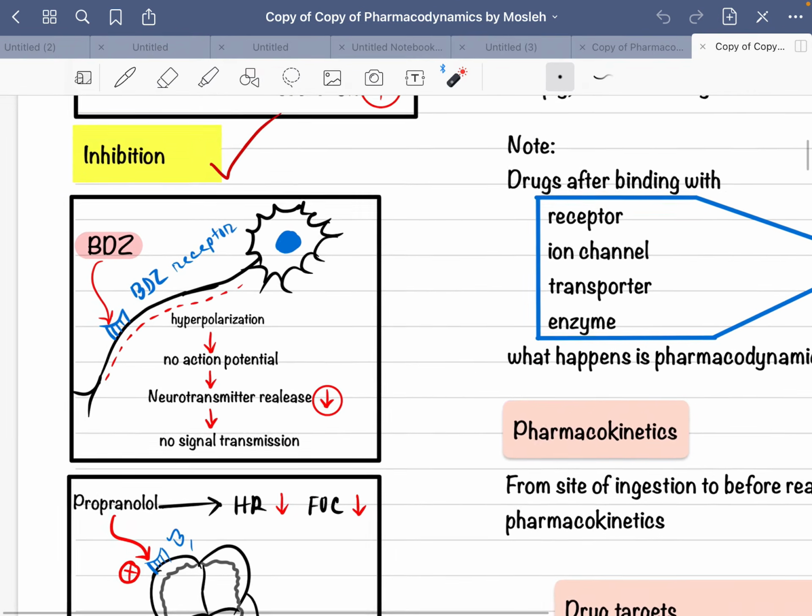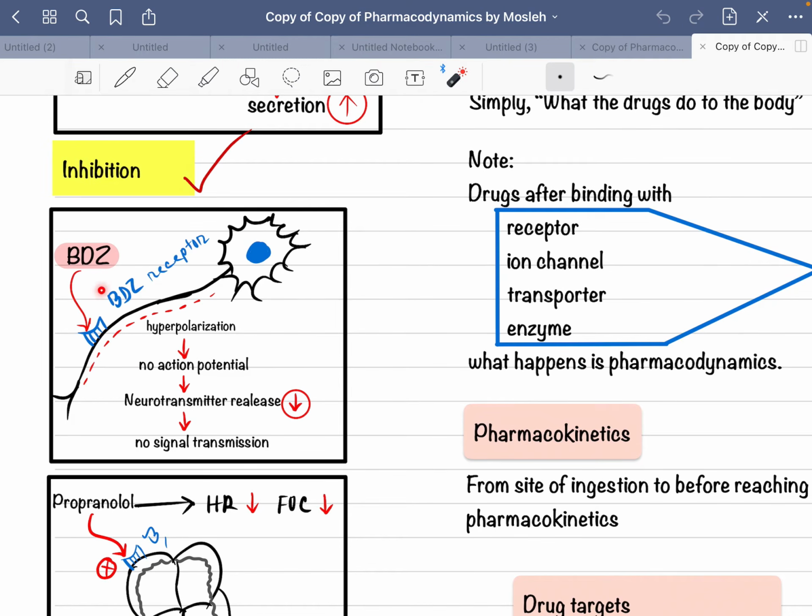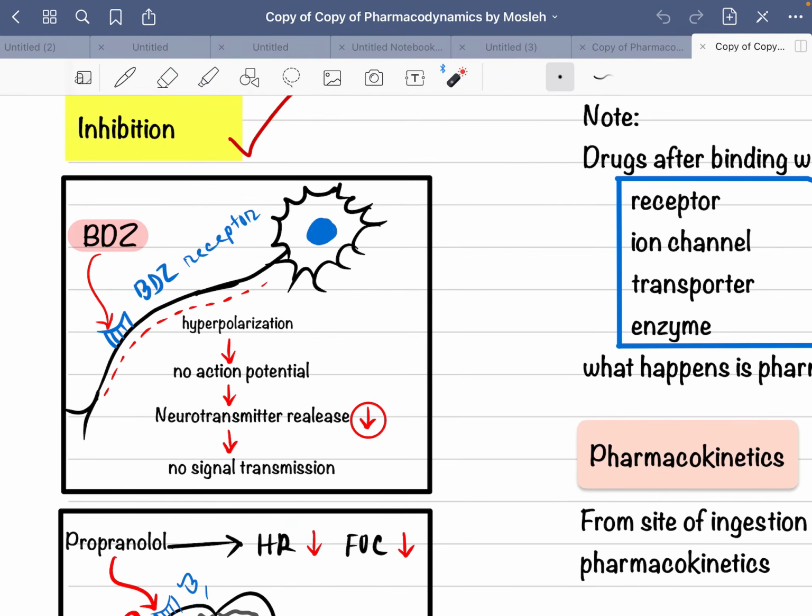Now look at the example of inhibitory action of a drug. The most common example is benzodiazepine. So we know what benzodiazepine will do. Benzodiazepine will bind with the GABA receptors located on the neuronal membrane. Whenever benzodiazepine binds with the GABA receptor, the affinity of the GABA receptor towards GABA will increase. That's why more and more GABA will bind with the GABA receptor, and more chloride ion will enter the neuron.